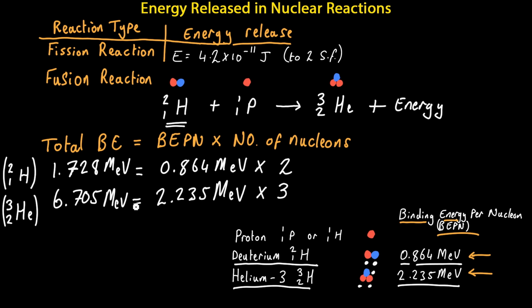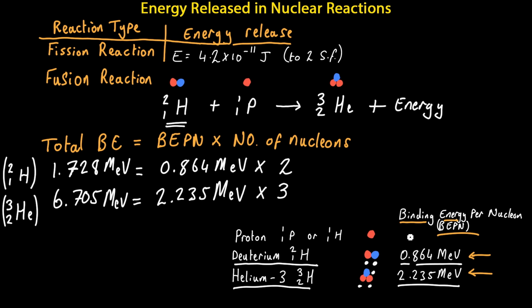And again, this binding energy that we're calculating is simply the amount of energy required to separate out all these neutrons and protons from the nucleus. And you can see here that it takes more energy to separate the nucleons from helium-3 than it does to separate the nucleons from deuterium.